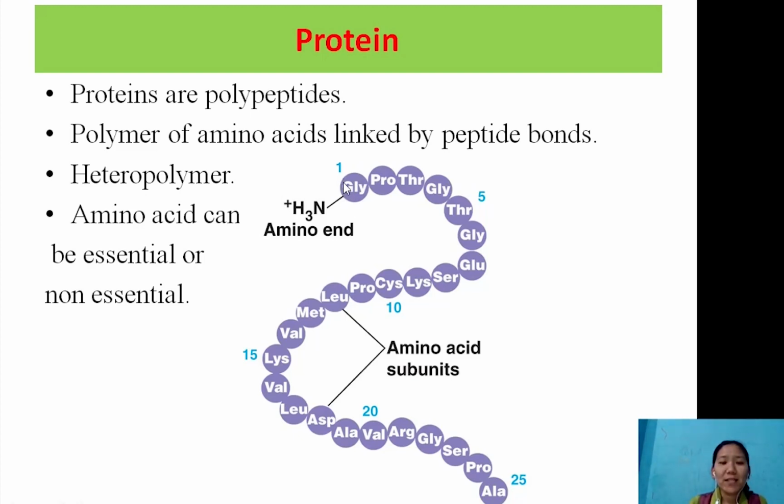So this end we call the N-terminal, because in the amino acid towards the left side there is an amino group, and towards the right side we can find a carboxyl group. So the last amino acid has a carboxyl group here. So this is the C-terminal and this is the N-terminal.